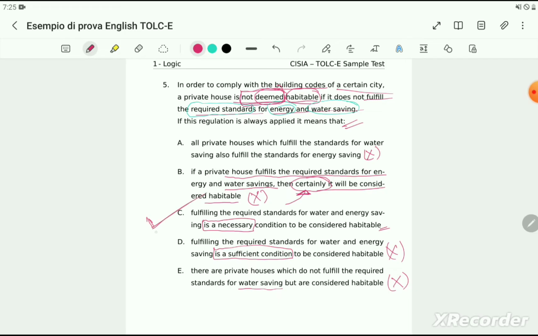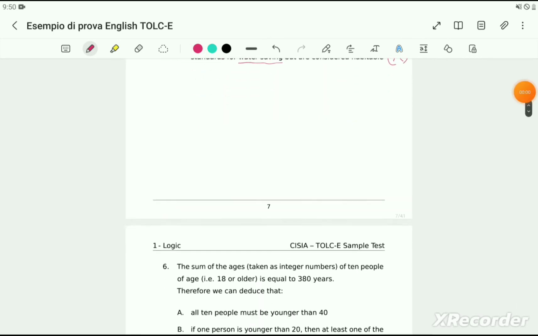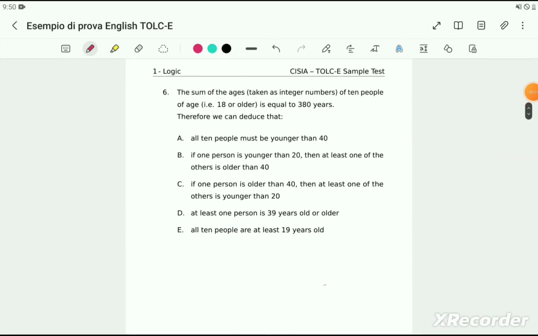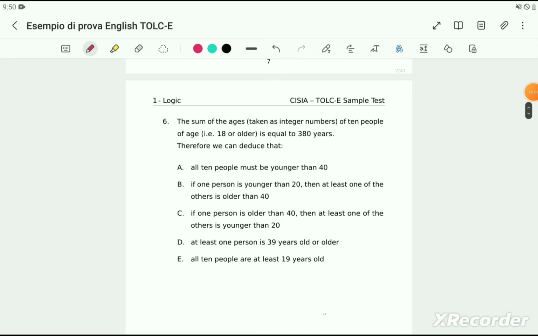Please let me know in the comments if you agree or disagree. Okay, so now let's solve problem number 6. So let's read it. The sum of the ages, taken as integer numbers, of 10 people of ages 18 or older, that means they give a lower limit, is equal to 380.